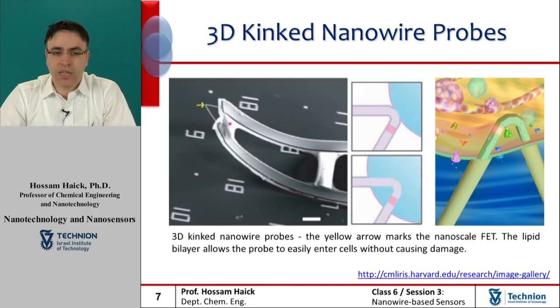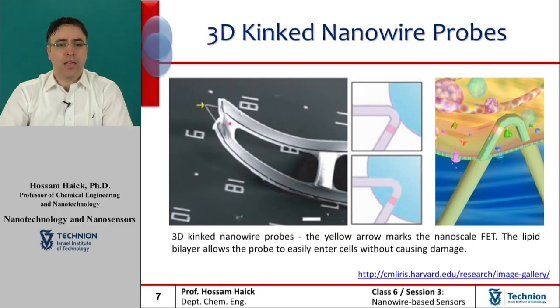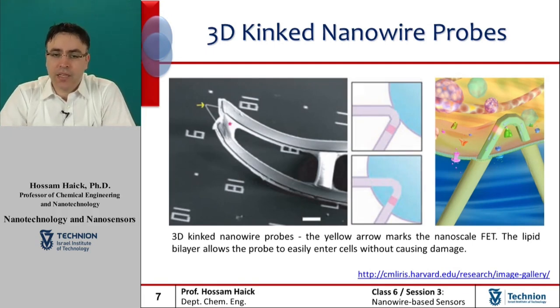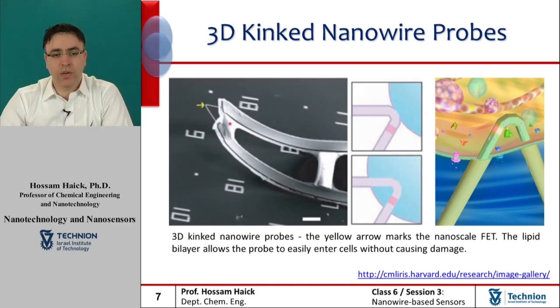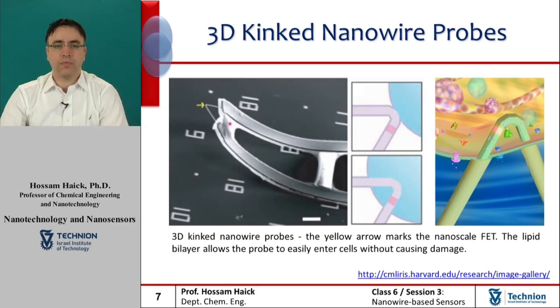Probes that are synthesized with a 60-degree tip angle and formed with two cis-linked 120-degree kinked units represent an ideal geometry for intracellular insertion, although a single 120-degree kink can also yield a viable probe.